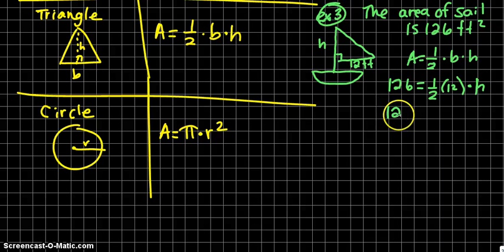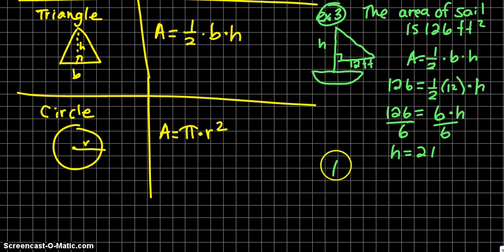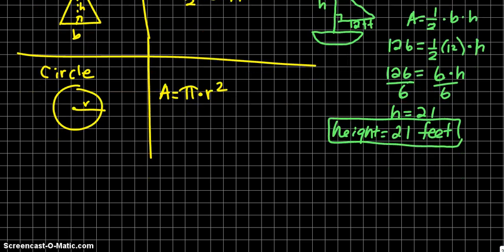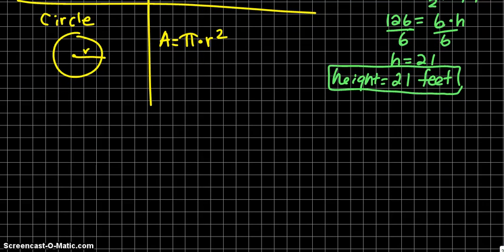For this one, it ends up being not too bad. I can take 1/2 times 12 and get 6. And then to figure out what h is, I just divide by 6, and I end up with 21. So the height of this sail is 21 feet. Feel free to pause if you need to, and make sure you write down questions too if you have any questions. I'm going to give you one to try next.